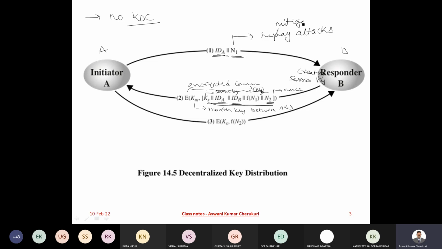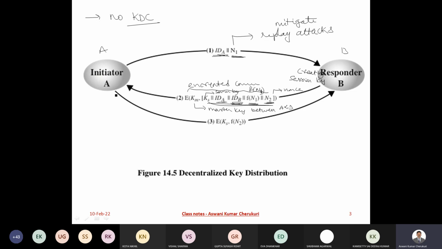By decrypting this message, A gets the session key, the IDA that I sent in my first step, f of N1, some function over N1, and the IDB and the nonce.